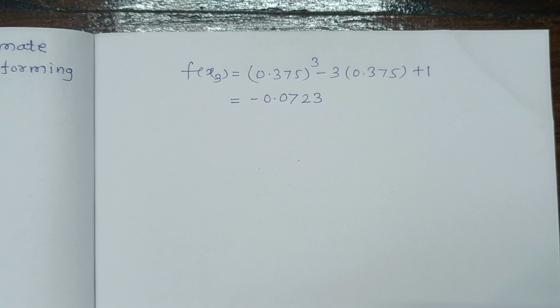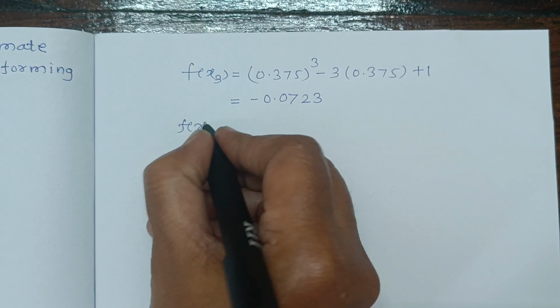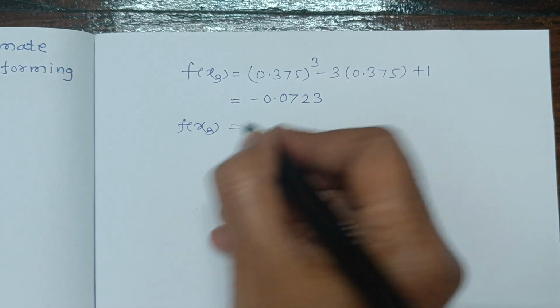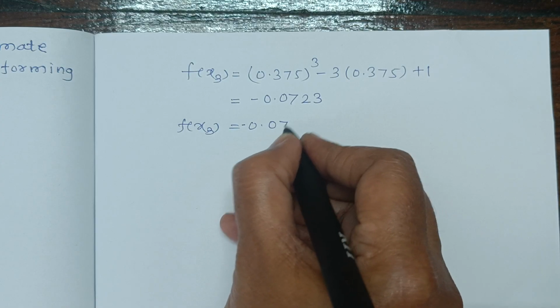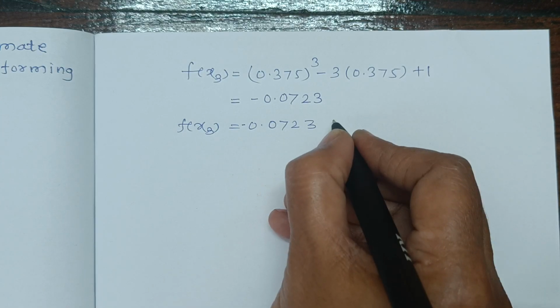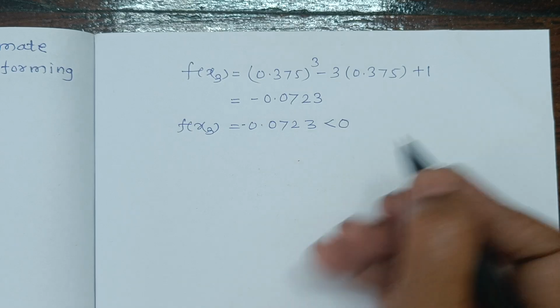Therefore, after 3 iterations, root is 0.375. f of x3 is minus 0.0723, which is less than 0.